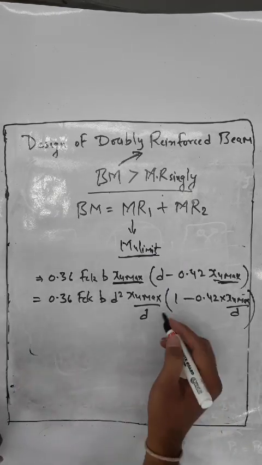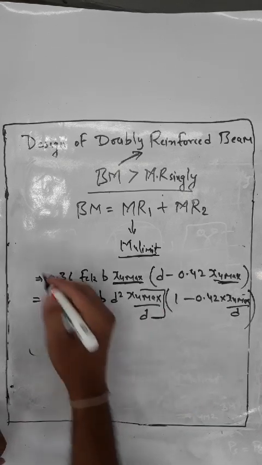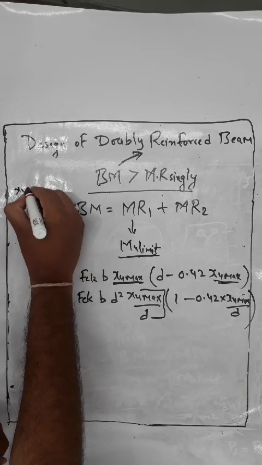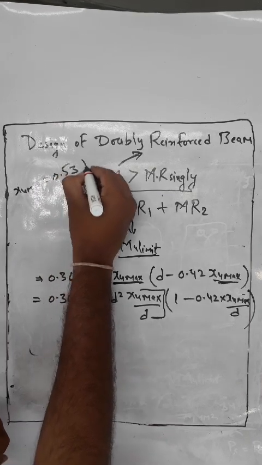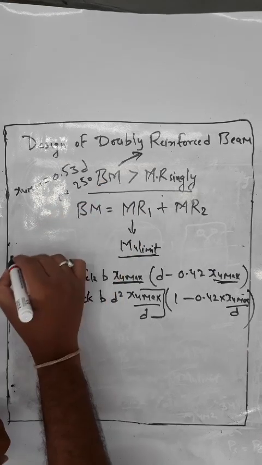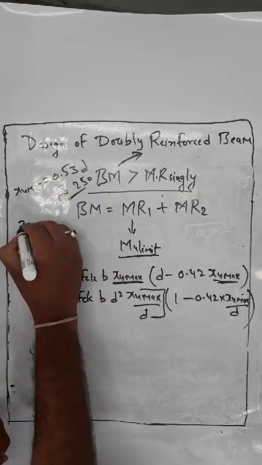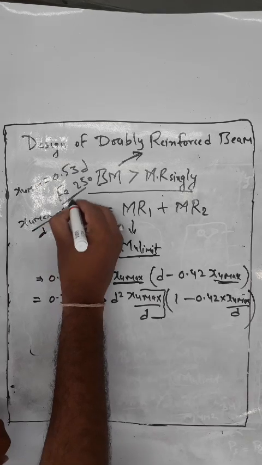Why do we get this form? Because of the xu max upon d value. You already know that xu max is equal to 0.53 d in case of Fe 250. So in case of Fe 250, what do you write? xu max upon d is equal to 0.53.